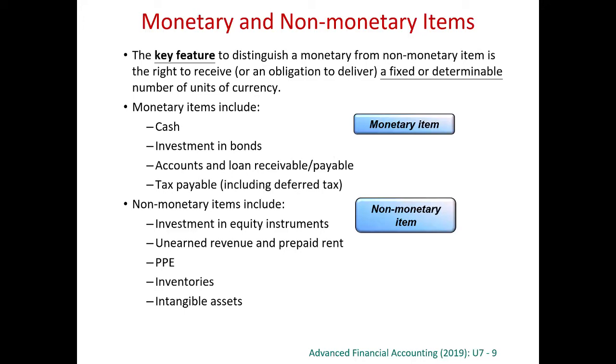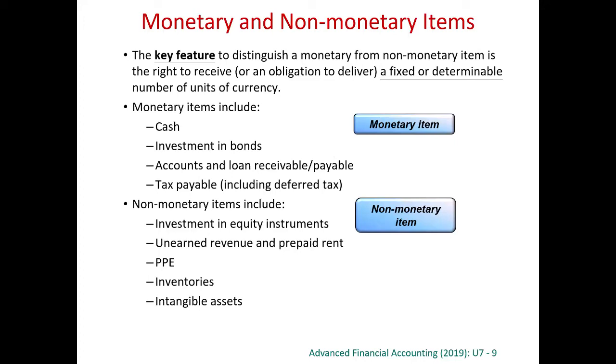Non-monetary items typically include investment in equity. If I invest in shares of Hong Kong Bank, I don't know how much I can receive until I sell it. Of course, after I sell it, it becomes a receivable. Receivable is a monetary asset. But investment in shares is non-monetary. Similarly, for unearned revenue and prepaid rent, you are not going to receive a particular number of units of currency, and therefore they are non-monetary.